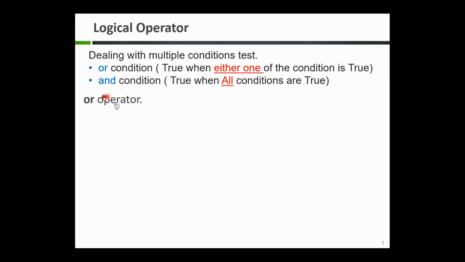Let's look at the OR operator. We have this example: day equals 7 and age equals 3. If day equals 7 or age is less than 3, we print free admission.